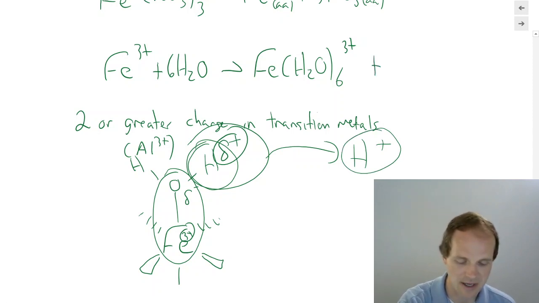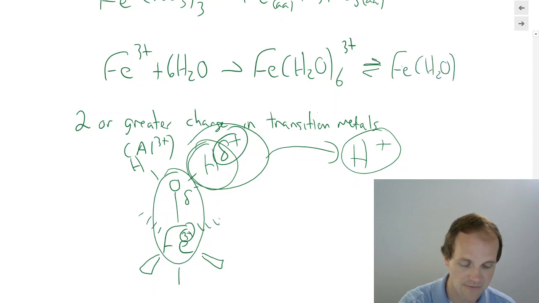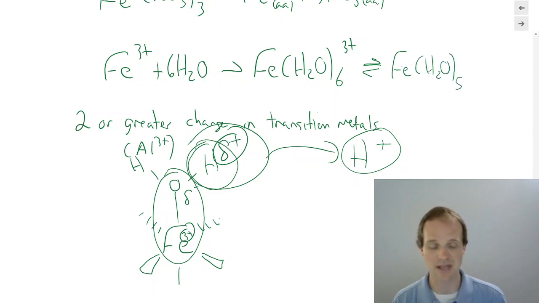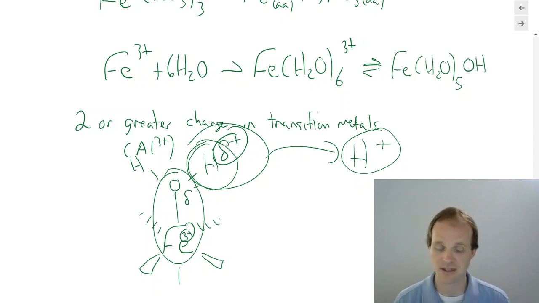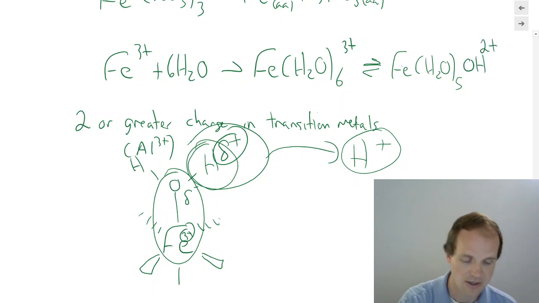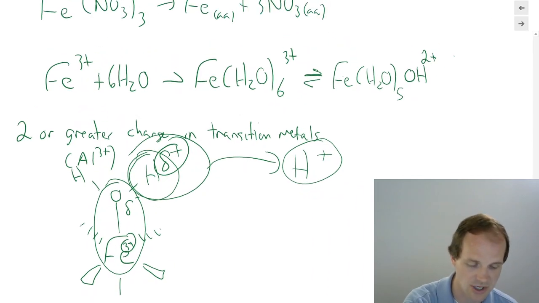So what gets left behind? Well, then we get, oops, this is not a plus, this is an arrow, and we get Fe(H2O)5OH 2+. So 5 of the waters do absolutely nothing. One of the waters lost an H+, leaving just behind OH. We lost an H+, so our charge changes.